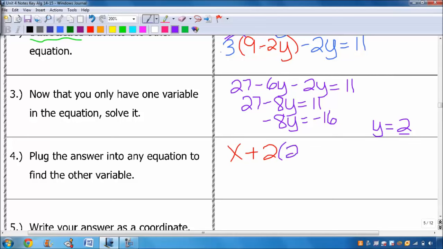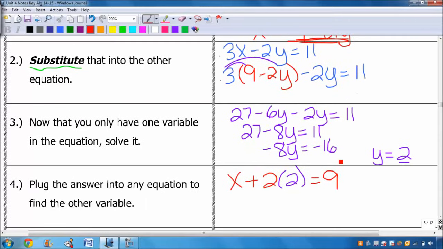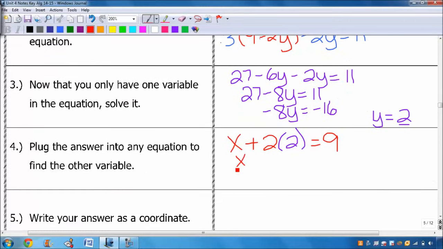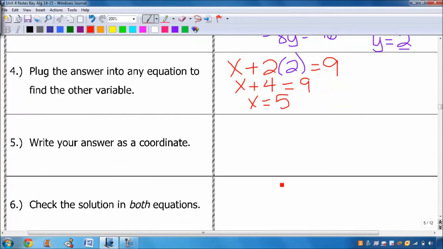So every time I see a y, I'm going to replace it with a 2. This is my red equation, that's equal to 9, right? So I get x plus 2y equals 9. Go ahead and solve it. x plus 4 equals 9. x equals 5. So then that means that my answer is 5, 2.